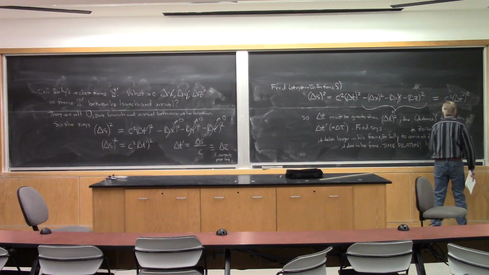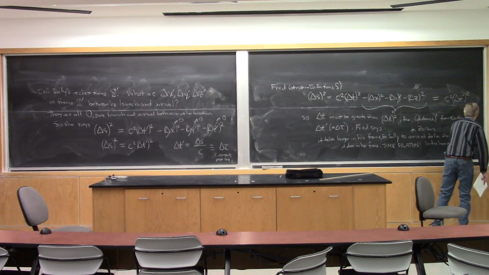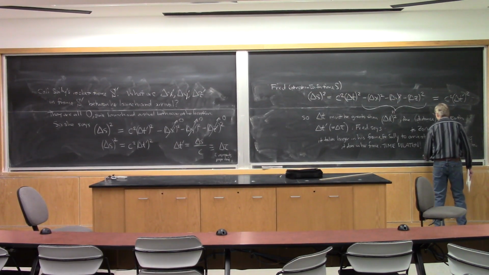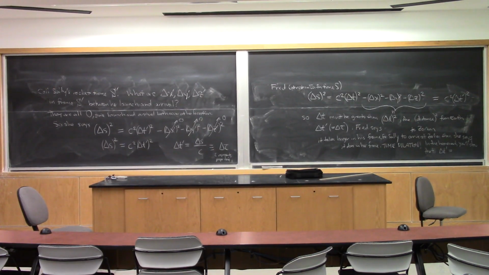In the homework, you'll show that delta t prime is equal to, how's it work? Do you remember? By what factor is delta t prime going to be smaller than delta t? By what factor does the moving clock tick slow?